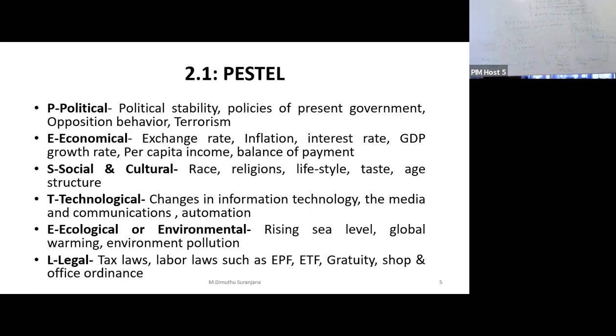Right. So we'll look at each force. The first force is the political environment. Under this political environment, we are going to look at the prevailing political situation in the country. How the prevailing political environment is going to affect organizational activities.